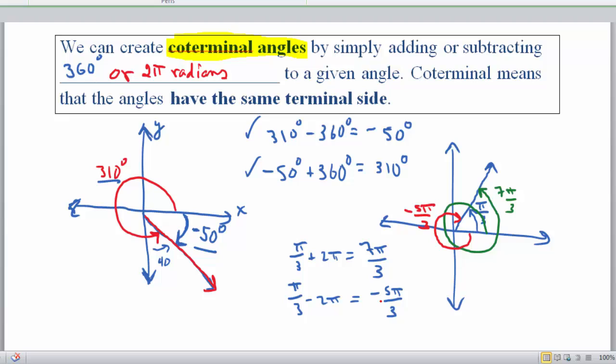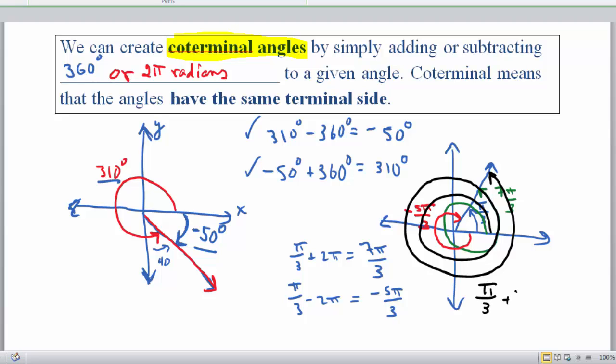And of course, I can keep wrapping around as many times as I want, right? So I can create another angle here where I go 1, 2, and then another 1/3, and that would actually be pi over 3 plus 2 pi plus another 2 pi, which is plus 4 pi, because I wrapped around twice, okay?